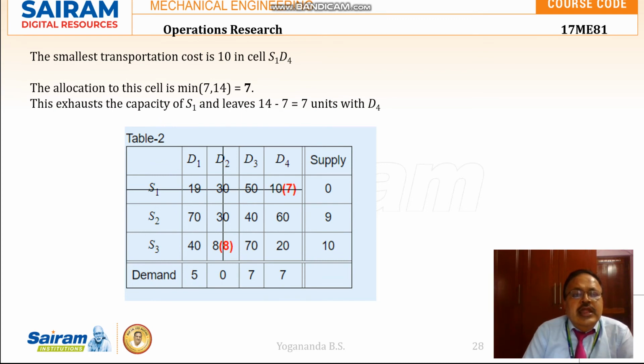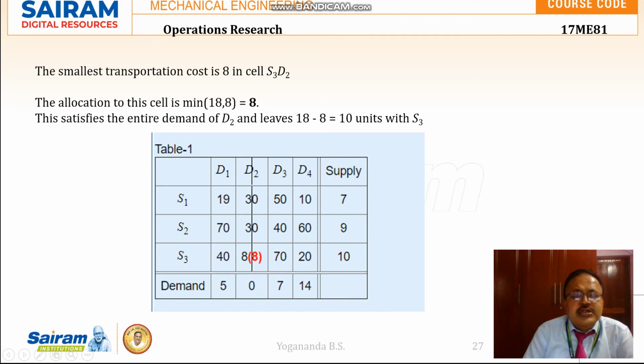Now the next smallest transportation cost in the table is 10. For this 10, demand is 14 and supply is 7. We take the minimum one, so allocate 7 to this 10. Supply becomes 0, all 7 units are allocated, so S1 will be removed.